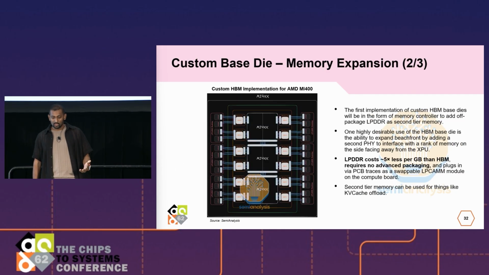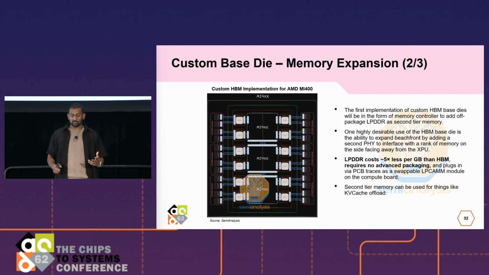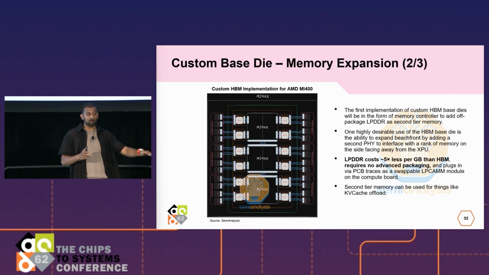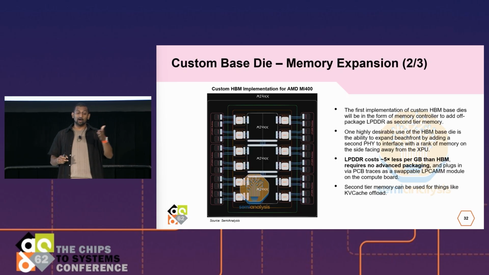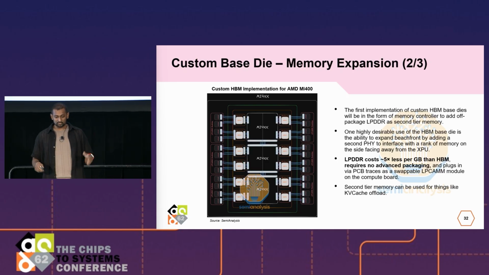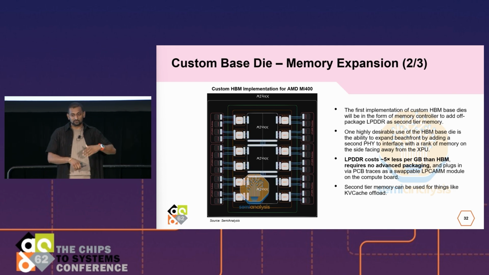There's also the idea of putting memory controllers inside the HBM base die, not for HBM, but for LPDDR. So you can actually stick memory behind the HBM, right? If you look at a classical package, this is sort of what AMD's next generation chip is going to look like: the top and bottom are reserved for networking, high-speed SerDes for chip-to-chip communications, and then the right and left are HBM.